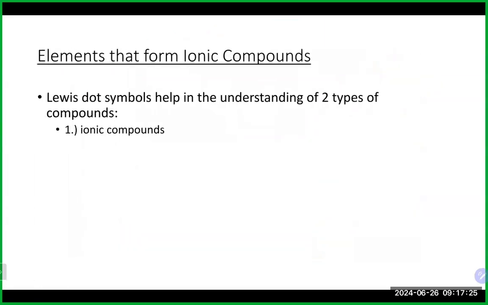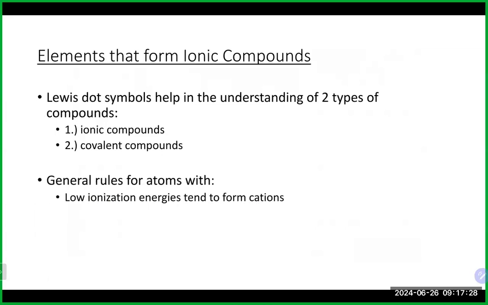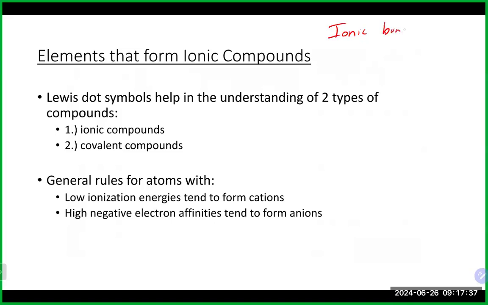So let's talk about the 2 different types of bonding. The first type is an ionic bond, and an ionic bond is pretty much always between a metal and a nonmetal. When these two get together, because of those periodic trends we just talked about, my metal is going to take my electron. There is a transfer of the electrons over to the nonmetal.